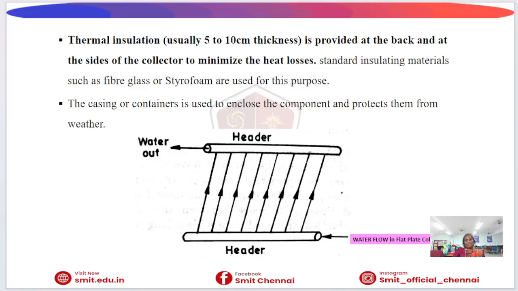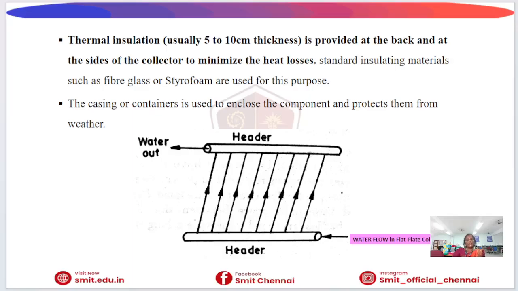To minimize heat loss, thermal insulation is provided at the back and sides of the collector. The insulation thickness is usually 5 to 10 centimeters. Common insulating materials include fiberglass, styrofoam.